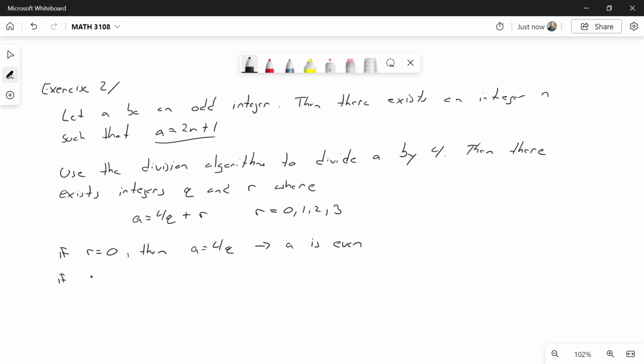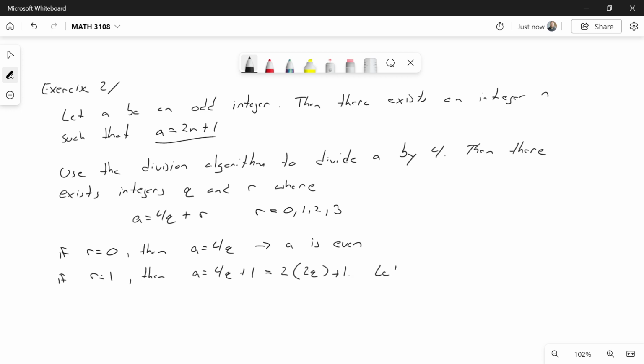Now if r is equal to 1, then a can be written as 4q plus 1, which I could rewrite as 2 times 2q plus 1.